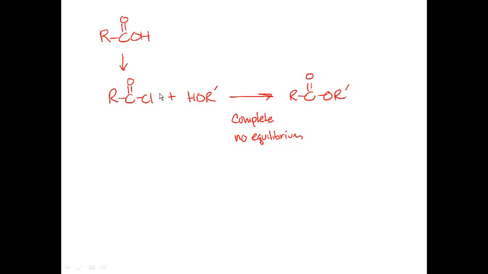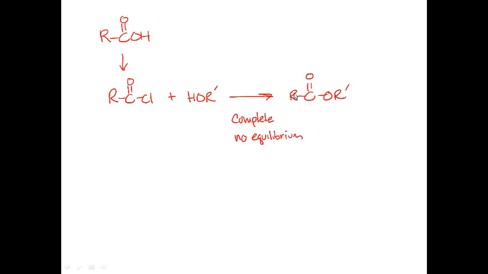So the advantage here is that once we convert the carboxylic acid to the acid chloride, it pretty much is a straightforward reaction. We don't have to worry about equilibrium. We don't have to worry about having an excess of one or more reagents. We can just simply use the reaction like that.